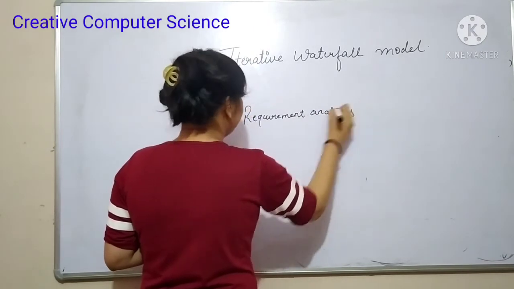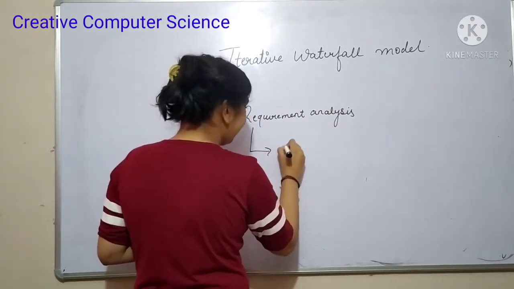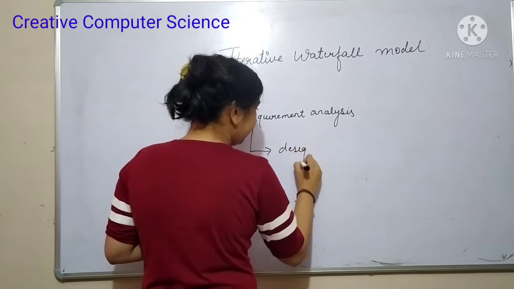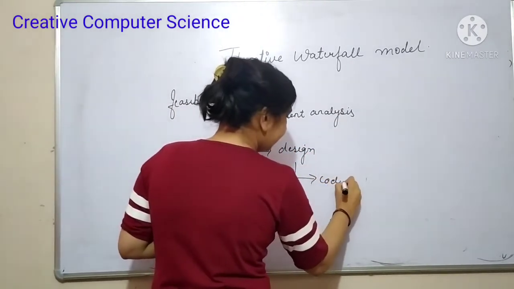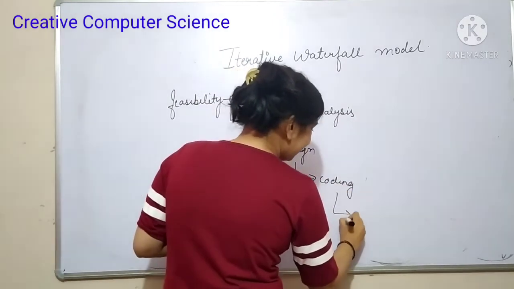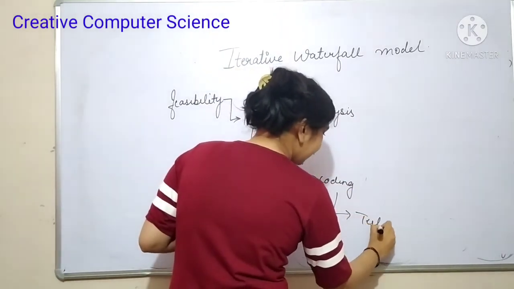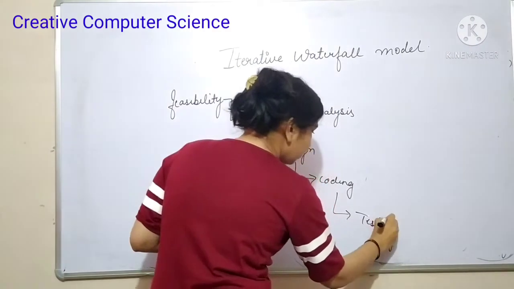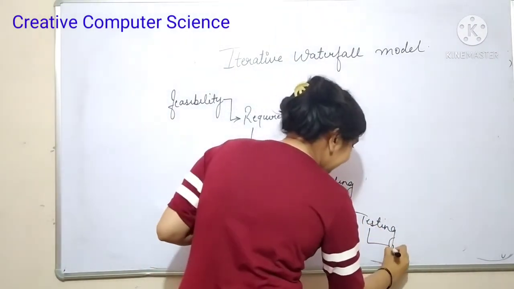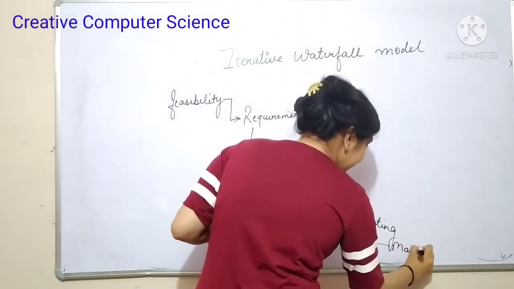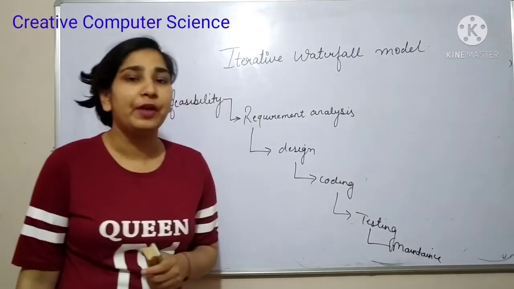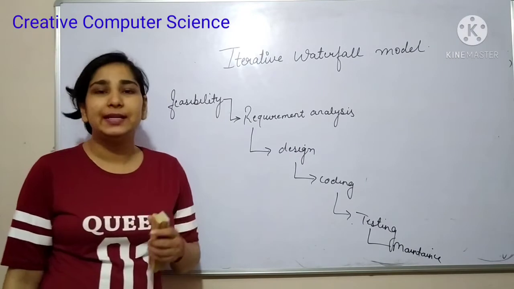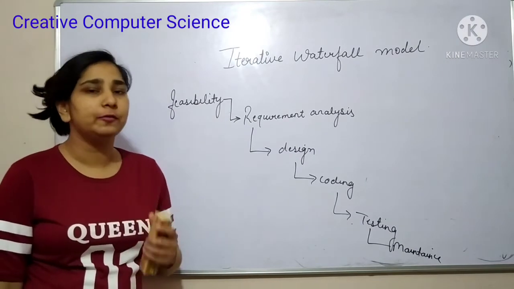Then we had the designing phase, then coding, then testing, and the last phase was maintenance. These were the 6 phases which we studied in the classical waterfall model.